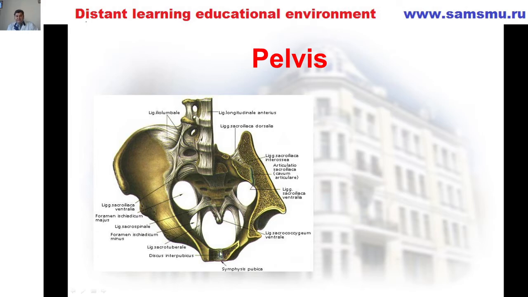The pubic symphysis, you may see on this picture, symphysis pubica, it's in Latin, is on the midline and joins the pubic bones. A fibrocartilaginous plate, the interpubic disc, discus interpubicus, it's in Latin, is lodged between the symphysial faces of these bones, which face each other and are covered with hyaline cartilage.